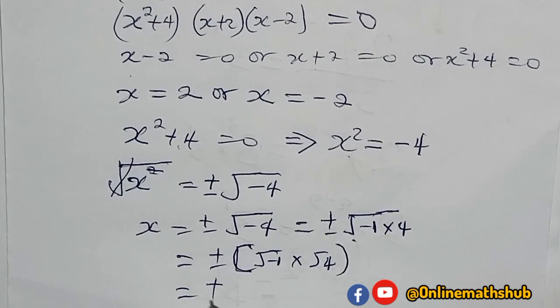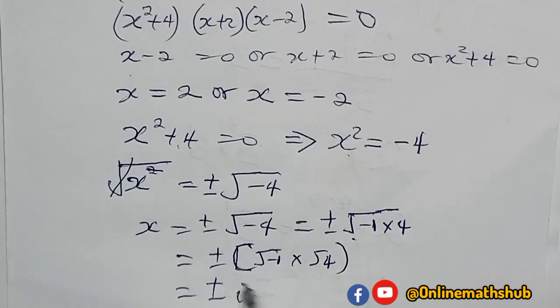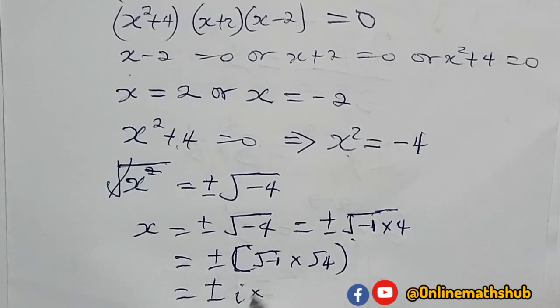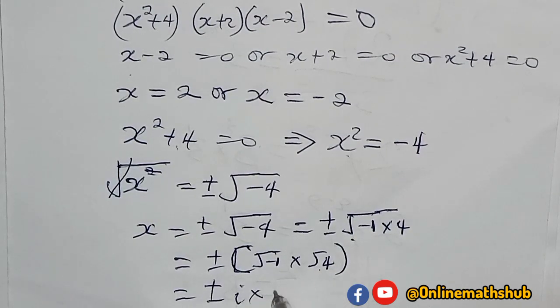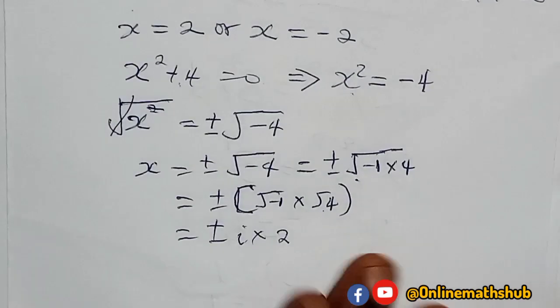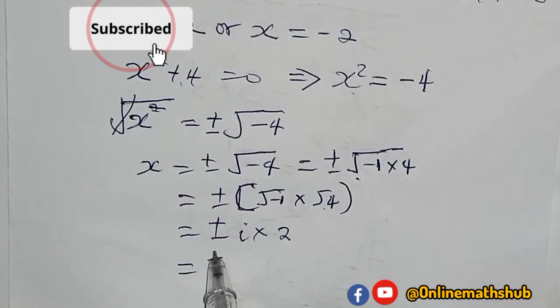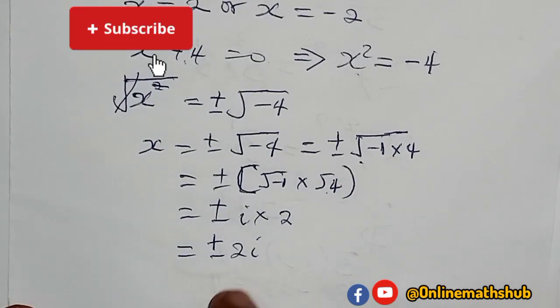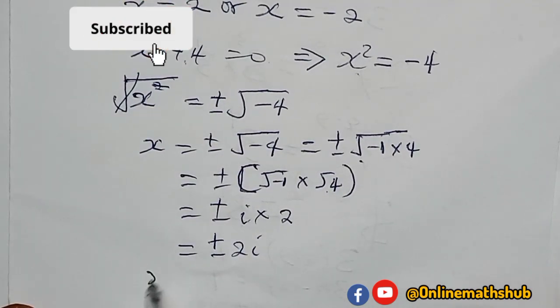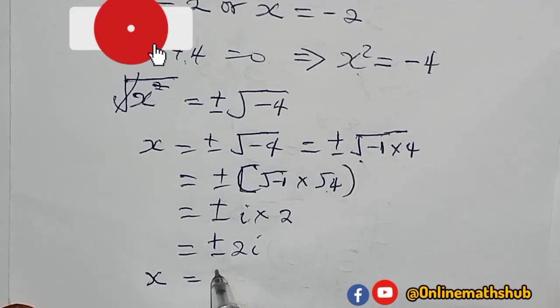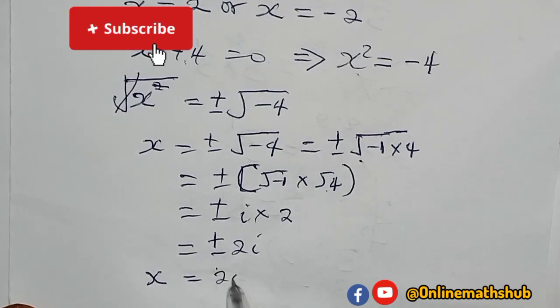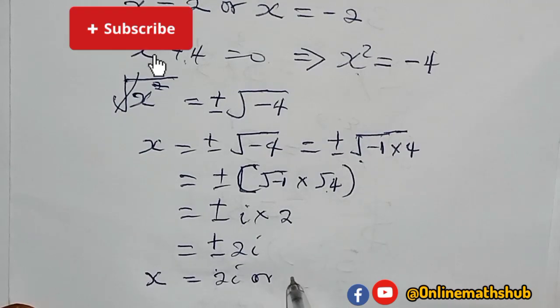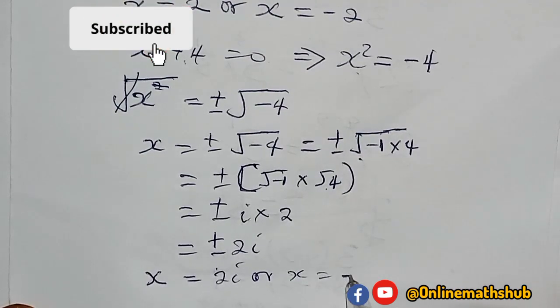This is plus or minus, this one is actually i, multiplied by the square root of 4, which is 2, and obviously we are seeing from here that this is plus or minus 2i. Now we are getting two values for x right here: the first one is that our x is equal to positive 2i, or our x is equal to negative 2i.